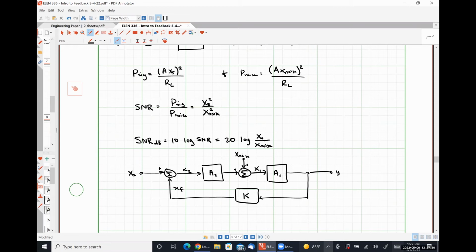The assumption here that we're making is that amplifier A1 is much more noisy than amplifier A2, which is pretty typical for something like an audio amplifier, where the preamp's goal is to give you a very, very nice boosted signal. And then the performance of the power amplifier really depends on how well things like grounding and all that kind of stuff are handled.